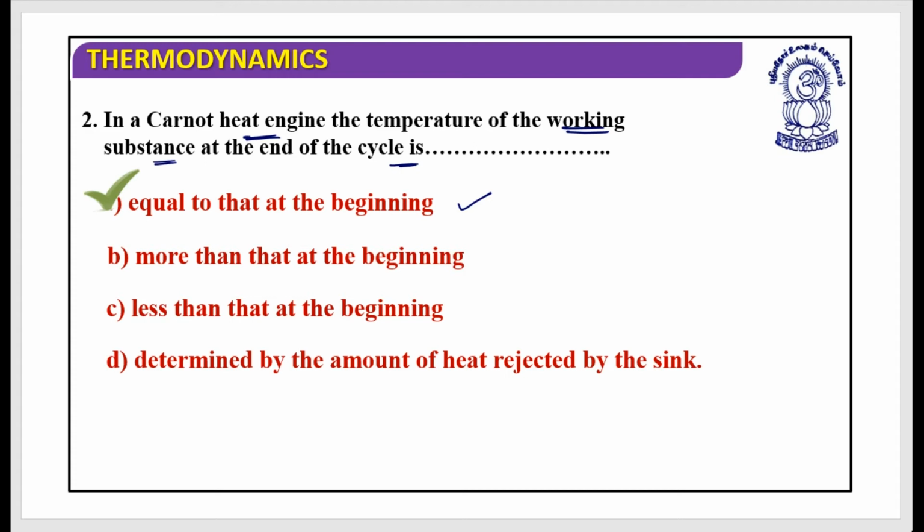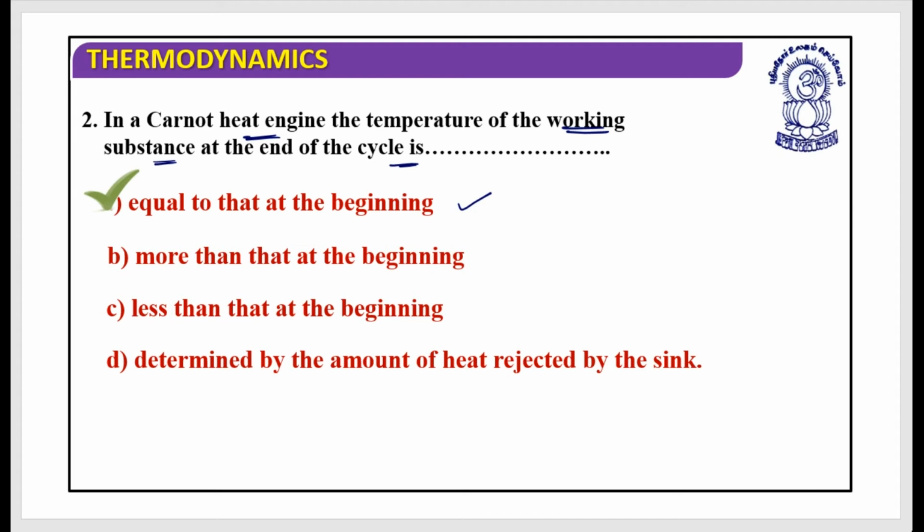Yes, it is the situation, because as we know, Carnot engine is a reversible process, and when it is a reversible process, what we can understand is that it would be at the same state variables from where it began. That is what we understand about reversible processes. I hope all things are clear.